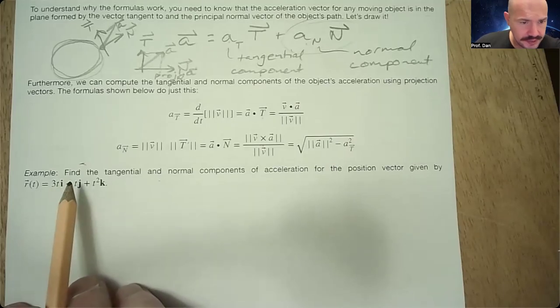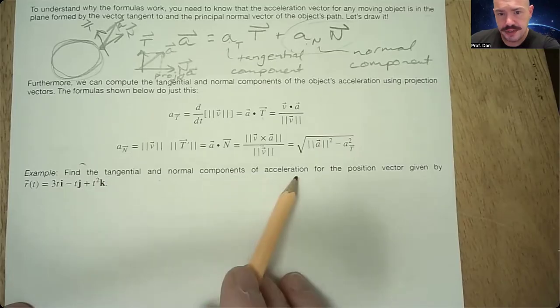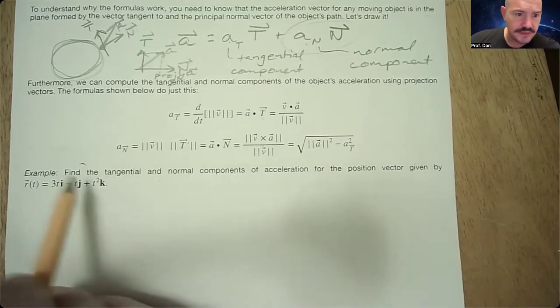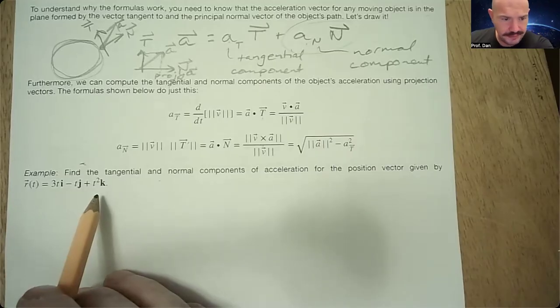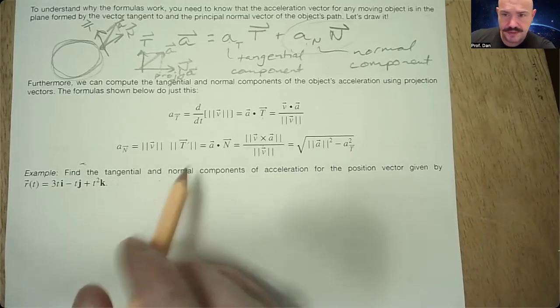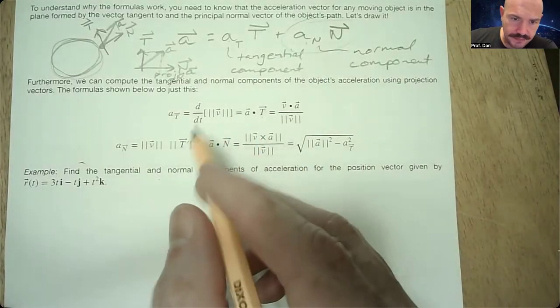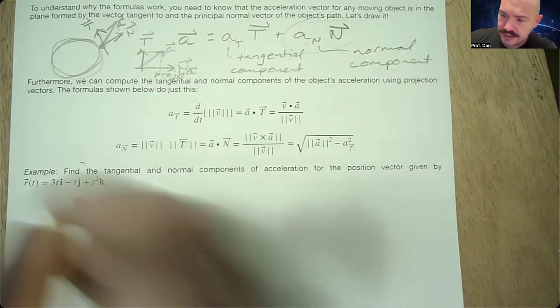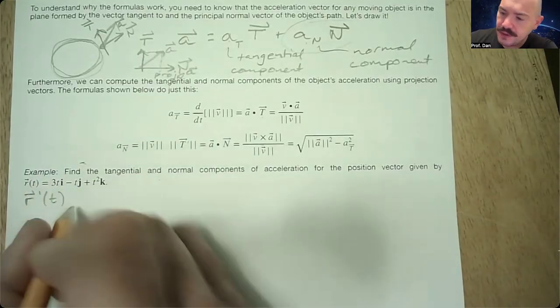So looking at this example, find the tangential and normal components of acceleration for the position vector given by this. So this gives us the pathway. We want to find both components of our acceleration. So let's start off by getting the first derivative of r.